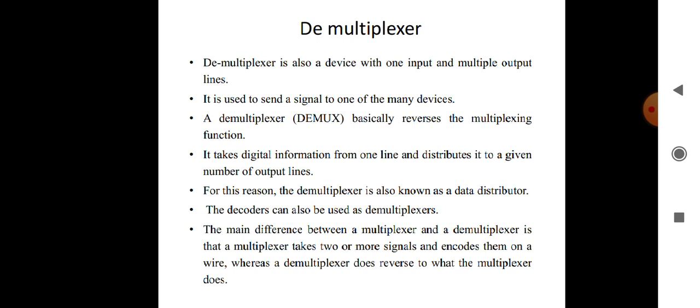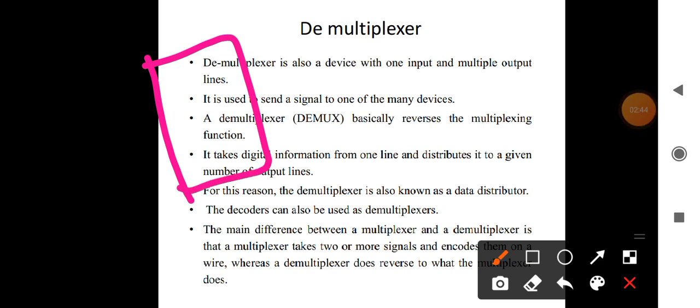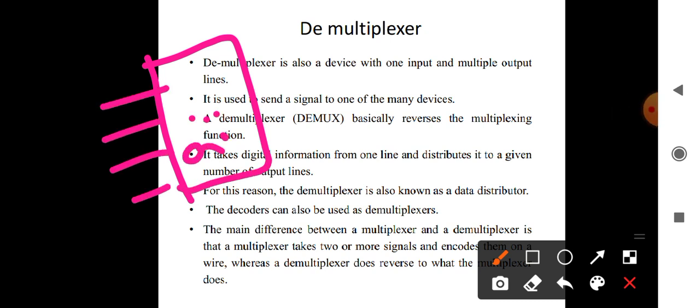The main difference between the multiplexer and a demultiplexer is that a multiplexer takes two or more signals and encodes them on a wire, whereas a demultiplexer does the reverse of what the multiplexer does. That is, the multiplexer receives different inputs, encodes them and gives only one output.